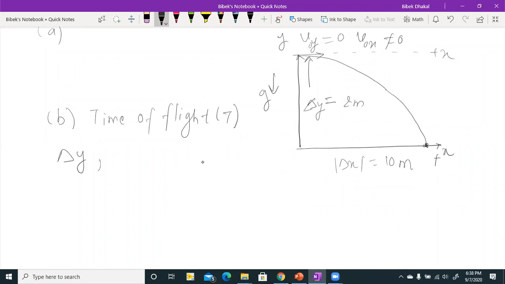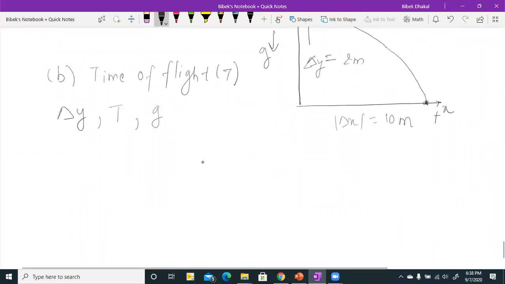You need to find the time of flight. You know the acceleration, that's g. Which equation of motion do you use? You use the equation which involves all these three, that is, delta y is v0y t plus half ay t squared.